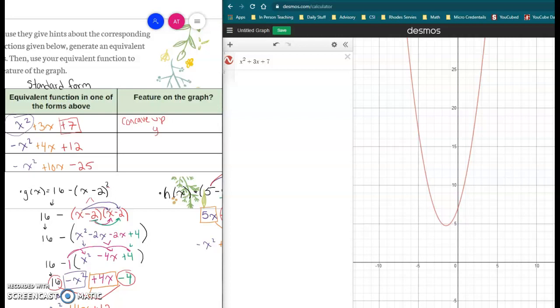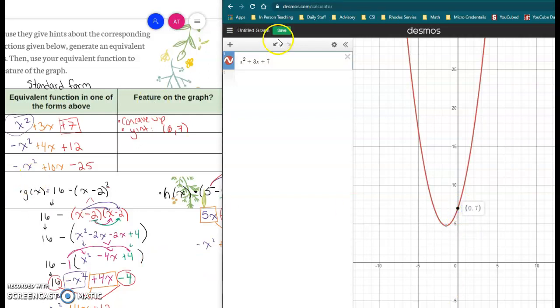So where it hits our y-axis, our y-intercept is going to be 0, 7. This is concave up, and the y-intercept is 0, 7. That's going to be our y-intercept. And if I look over here on my graph, boom, we were right.